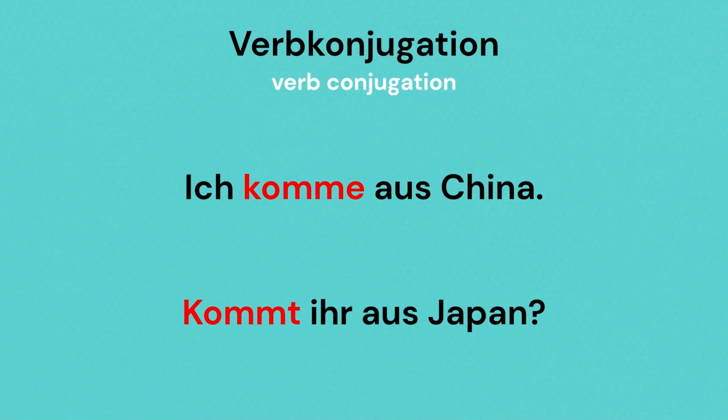The conjugation of the verb depends on the subject in the sentence. In the first sentence, it is ich, and in the second one, it is ihr. We have done these pronouns in one of the previous lessons. So the verb you pick up has to be conjugated according to the subject in a sentence.